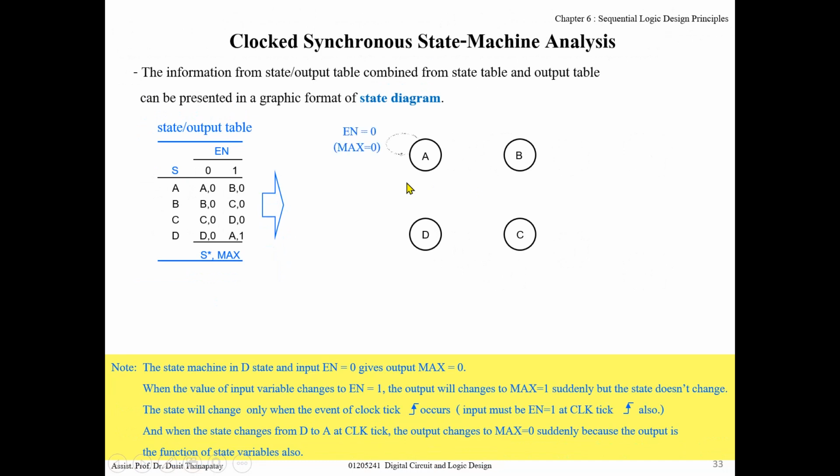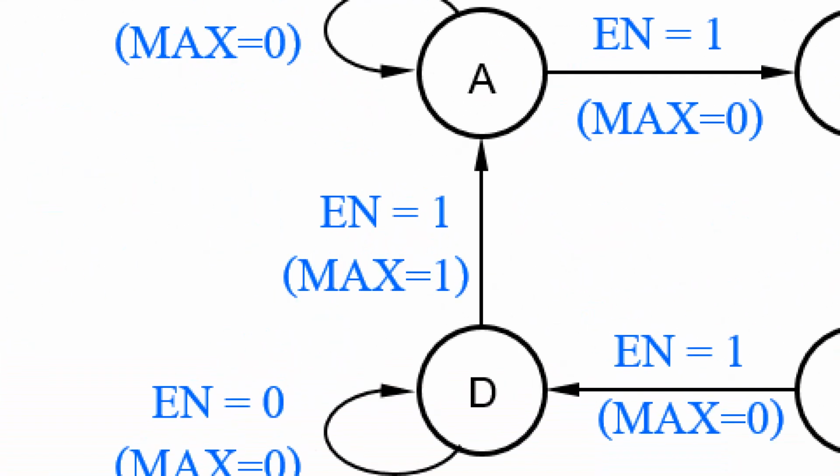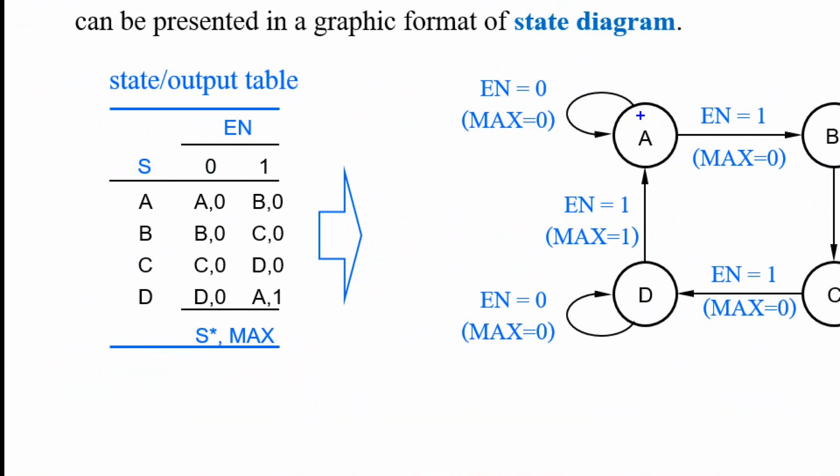And also you can write the output at the arrow, namely at state A, when input is 0, the output is 0. Or this one, at state D, when input en is 1, the output is 1.